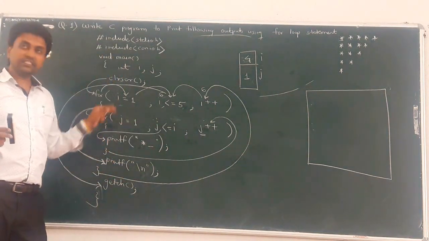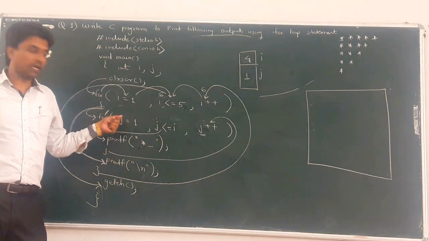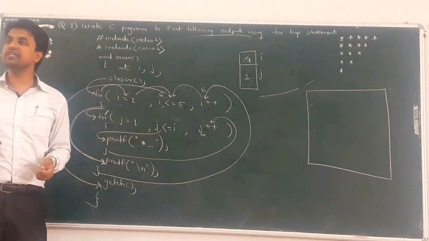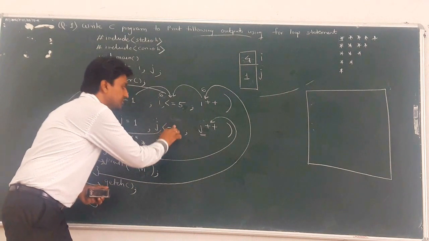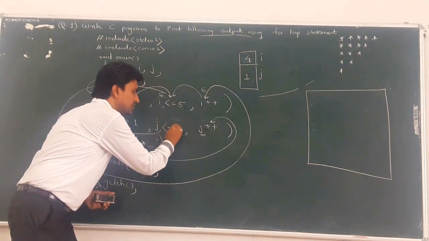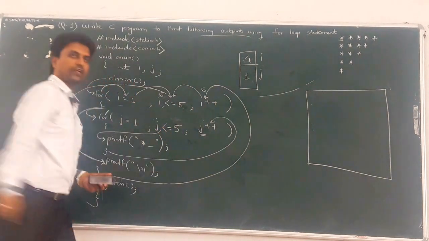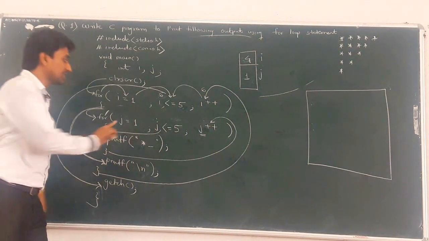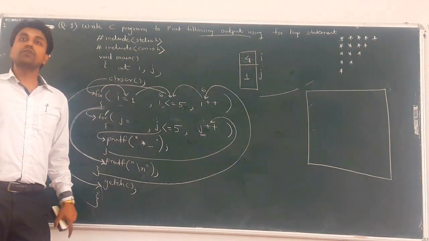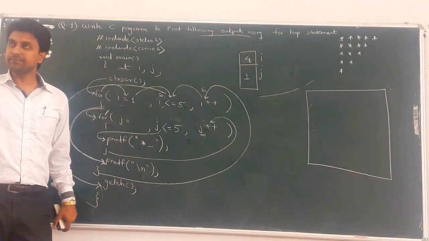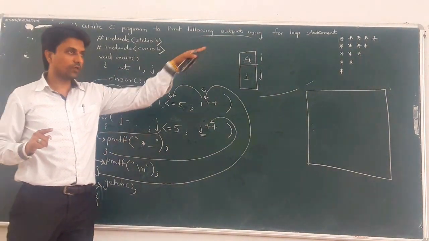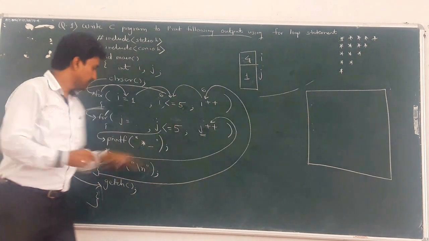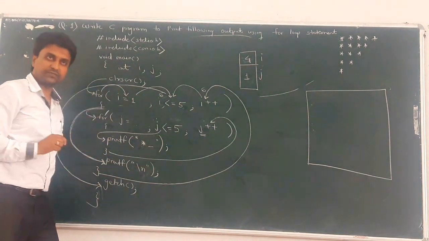For the first row, how many times does the inner for loop execute? 5 times. So keep the condition as j less than or equal to 5. Now, what about the initialization? The inner for loop gives the number of columns, and for the first row there are 5 columns, so this statement executes 5 times.